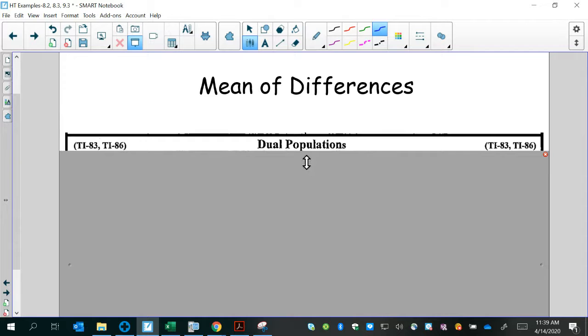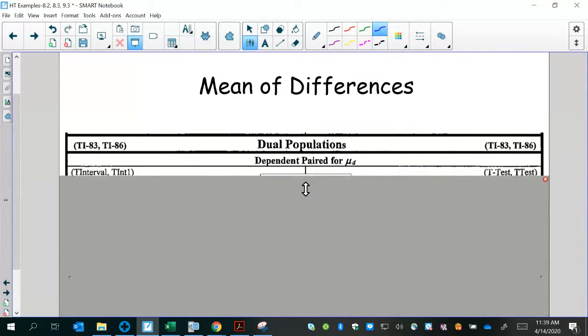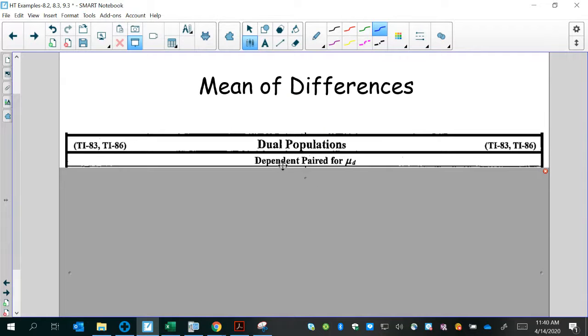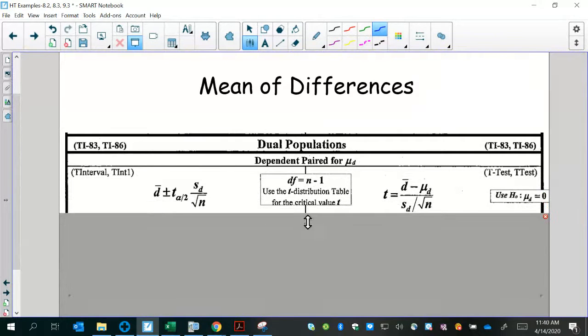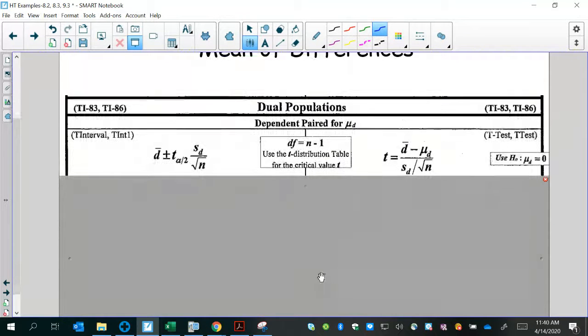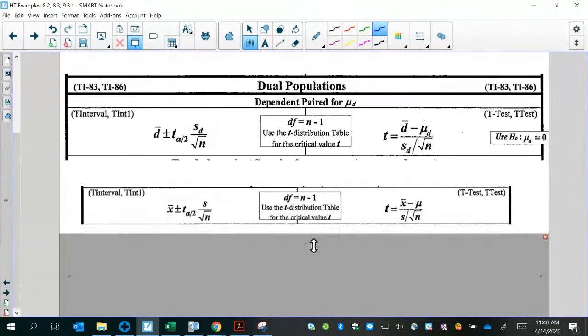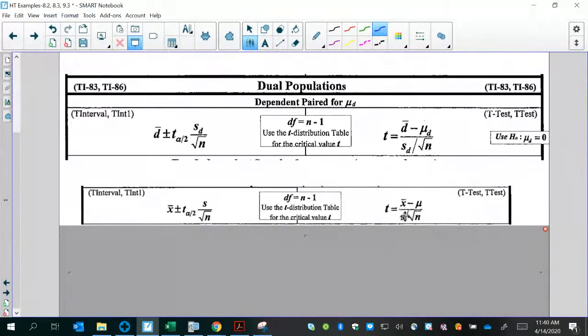But since we have two sets of information, we'll call it a dual population in general. And then it says for dependent paired, or for the mean of differences, we'll be using these formulas. Okay, and notice that those formulas are awfully similar to the ones we were using for the mean with sigma unknown.